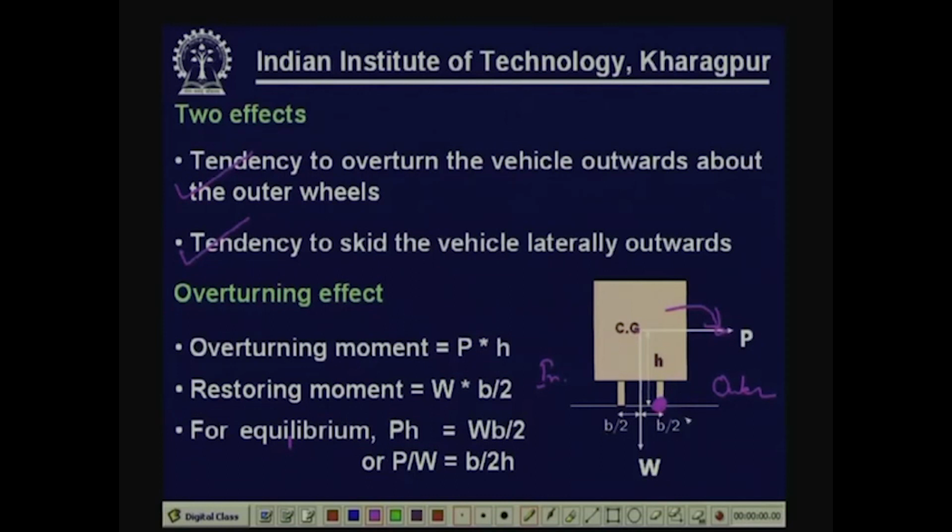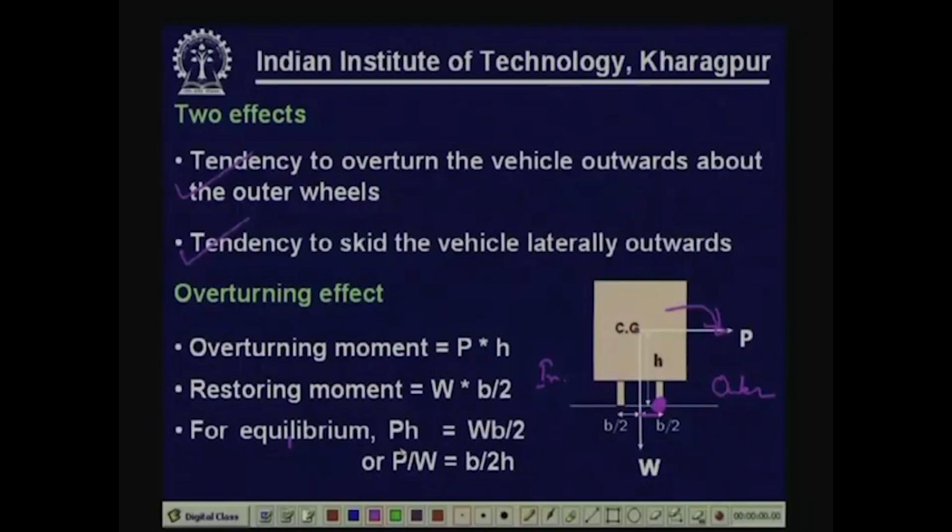So, the moment P into h is trying to turn the vehicle towards the outer side, and this tendency is resisted by the restoring moment W into B by 2.